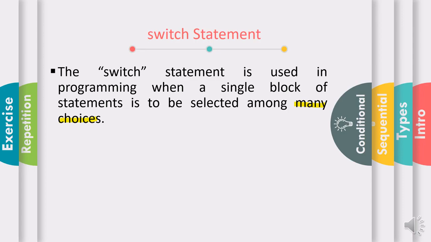When we discussed the else if statement, we also discussed that it is implemented to select among various choices, just like the switch statement. Now you have to understand the switch statement. After understanding it, we will be able to differentiate between the else if statement and the switch statement.